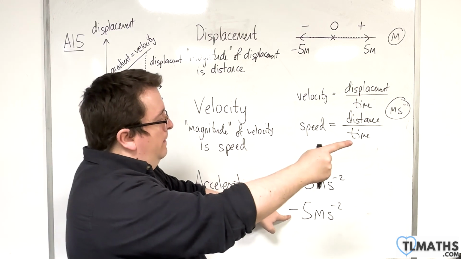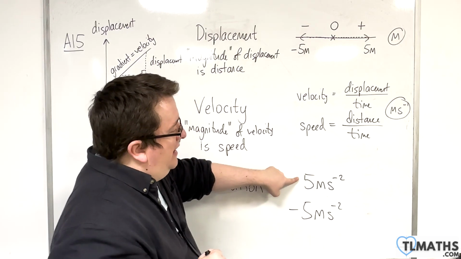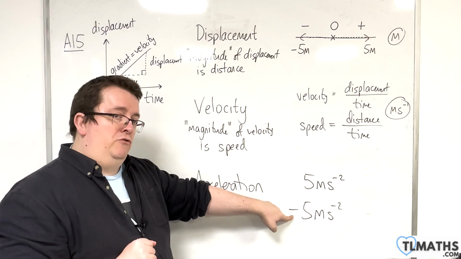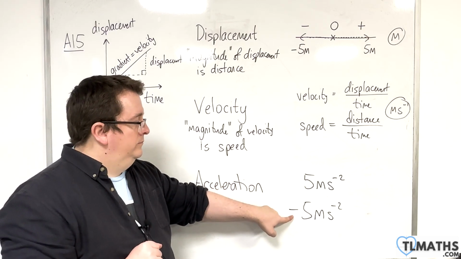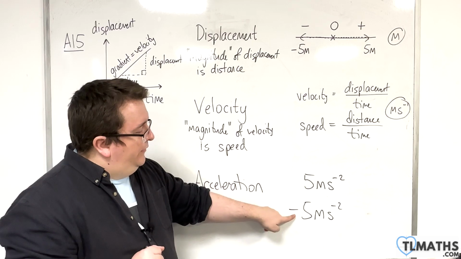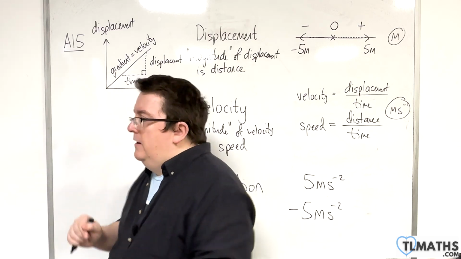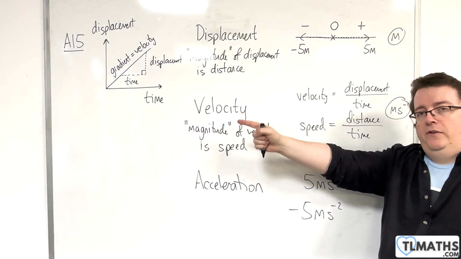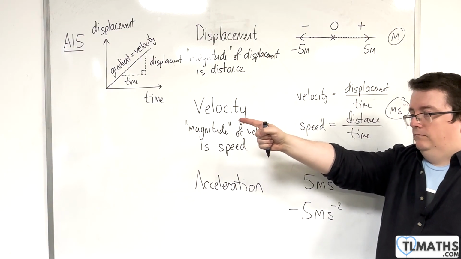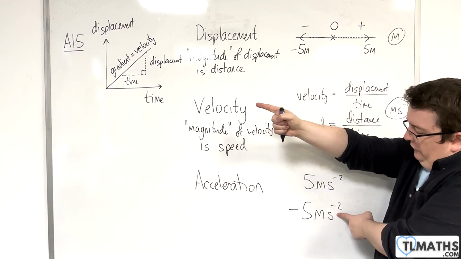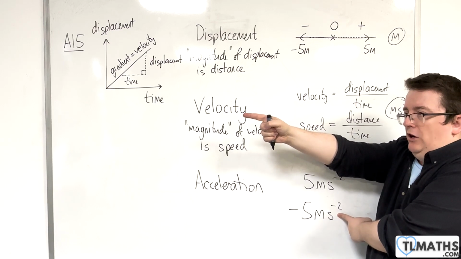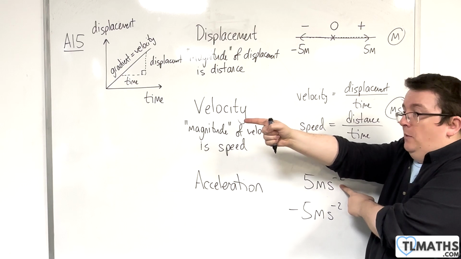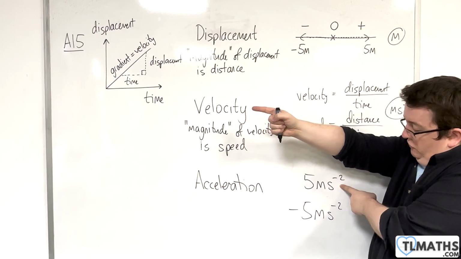So we have speeding up in the positive direction, slowing down in the positive direction. But I said that minus 5 meters per second squared meant speeding up in the negative direction. So if that means speeding up in the negative direction, that means slowing down in the negative direction.